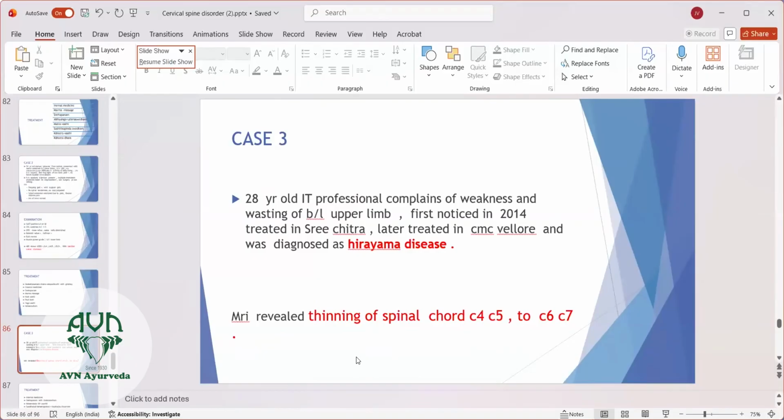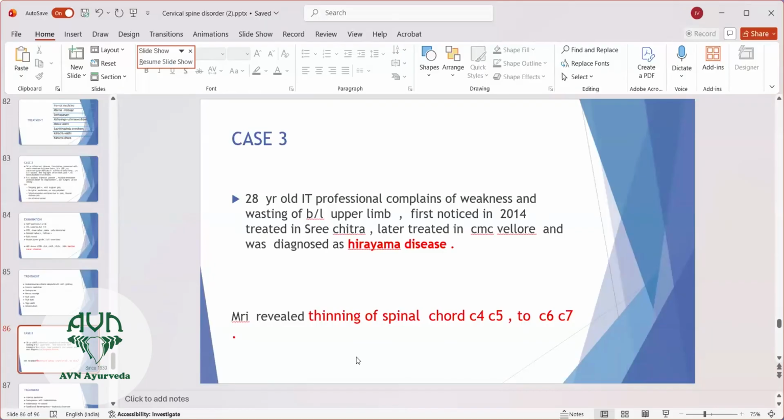A 28-year-old IT professional, still under my follow-up, complains of weakness and wasting of bilateral upper limb. First noticed in 2014, treated in Sri Chitra, the prestigious institute in Trivandrum, and later treated at CMC Vellore and was diagnosed as Hirayama disease, where the dura mater is engorging towards the spinal canal and compressing the spinal cord and producing symptoms just like that of myelopathy.